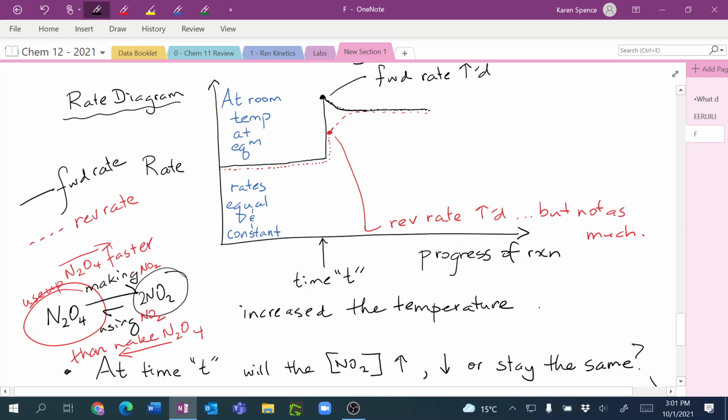We now have a new equilibrium established. And the position is more towards the products. The position of the original equilibrium was more towards the reactants. And if we cool it, it becomes even more so towards the reactants.